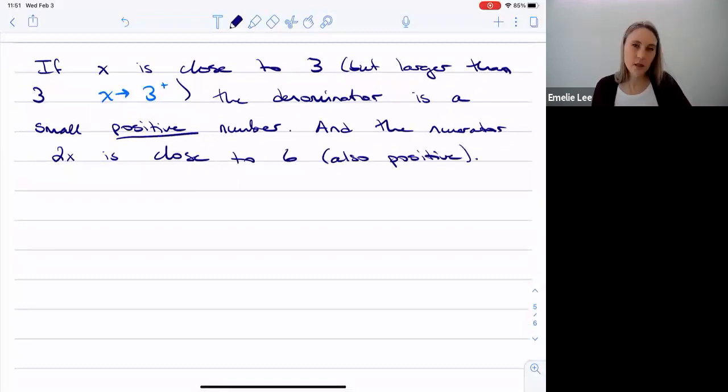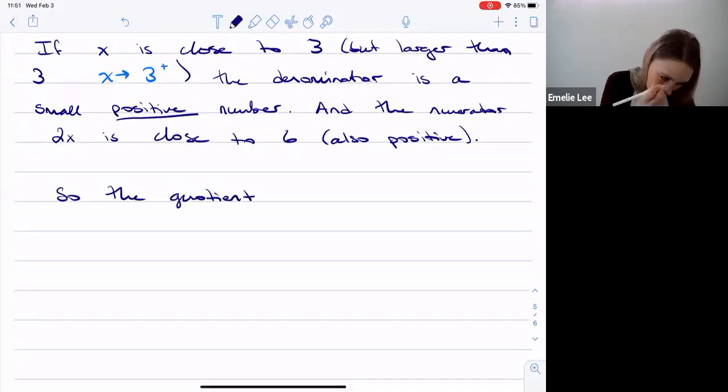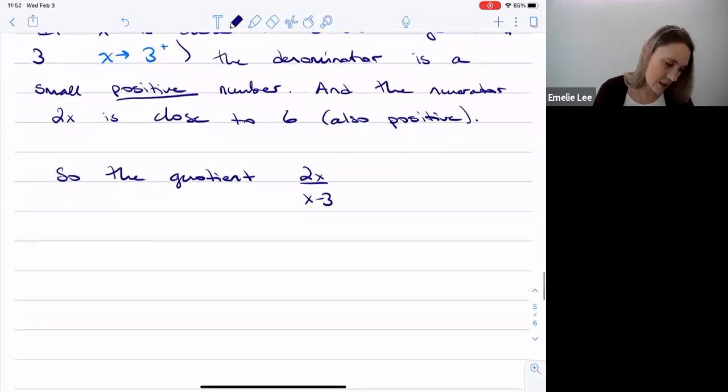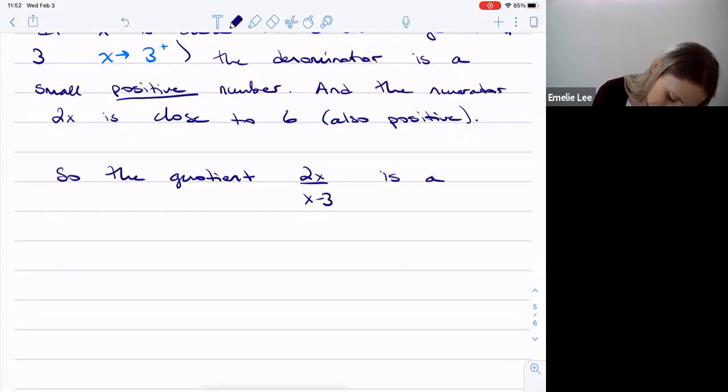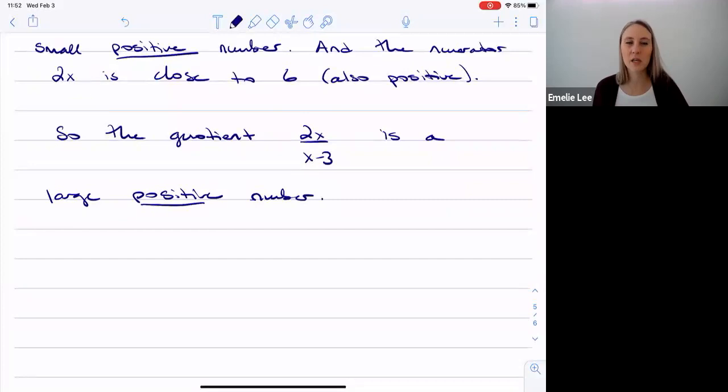So then the fraction, or the quotient as we can call it, 2x over x minus 3, is a large positive number, just thinking about how positives and negatives react.